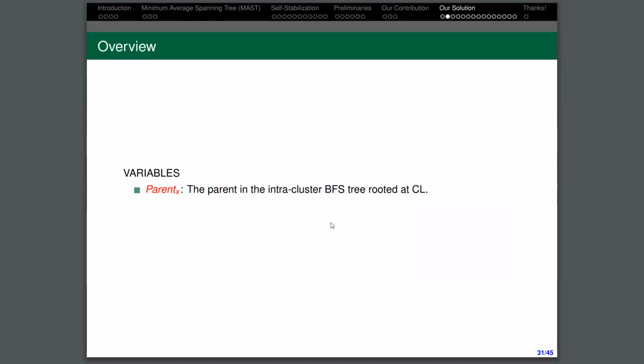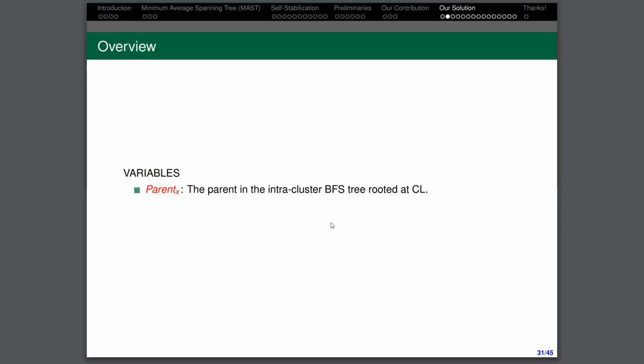So as mentioned already, our solution involves creating the DCT. Now, the DCT consists of two kinds of trees. One is the intra-cluster BFS tree rooted at the cluster leader, and second, the inter-cluster tree, where the nodes are the clusters themselves. All right. So to model this, we need to maintain two trees separately.